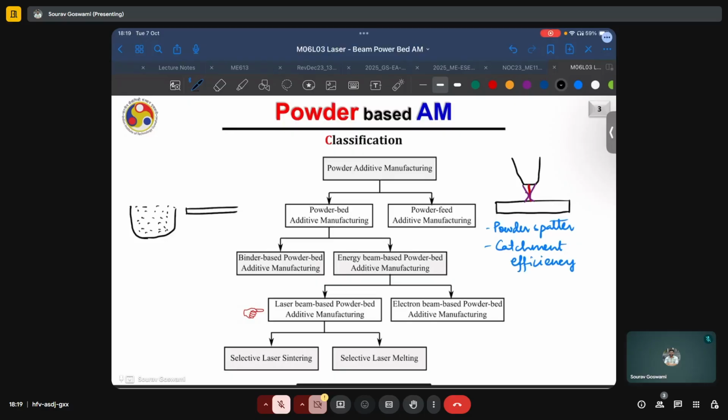out of which a specified or pre-chosen layer of powder will be spread onto this printing region in the form of a powder layer using something like a doctor's blade or a roller.